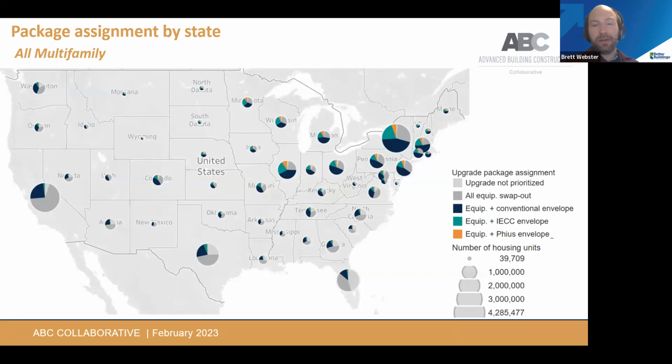Whereas in a state like New York, where there are a lot of multifamily buildings, we see more of a mix of the light touch IECC envelope and then a slice of FIAS level performance as well.